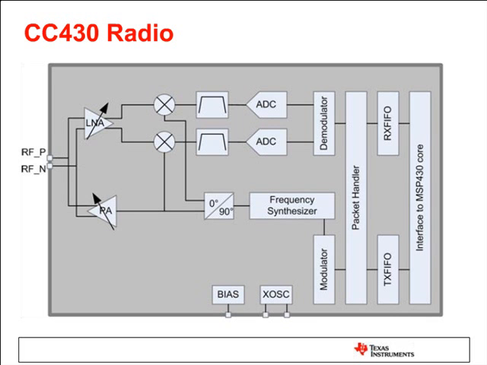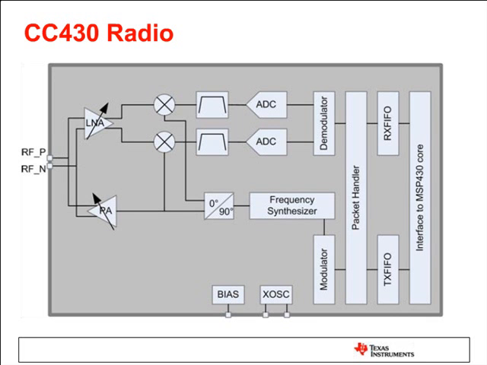Or you can choose not to use that and just tap straight into the radio side. That's what we call synchronous and asynchronous communication on the CC430. We know that many customers like to use the packet handler, but there's also a set of customers that like to just send the raw data to the radio on the timer pins, and we absolutely have that available.